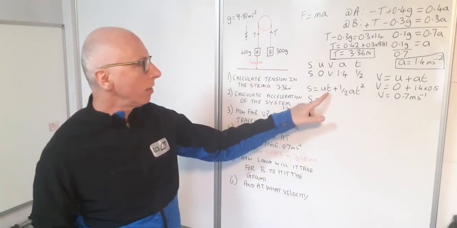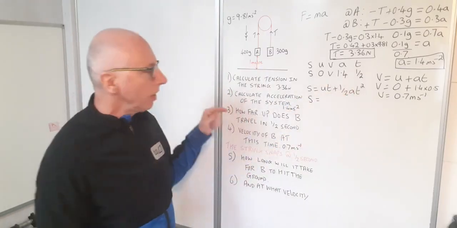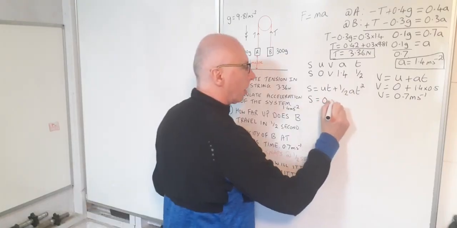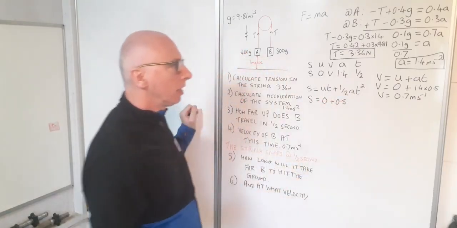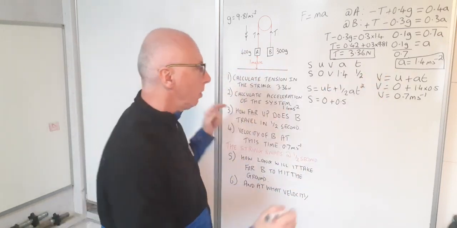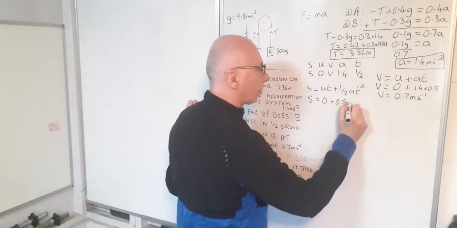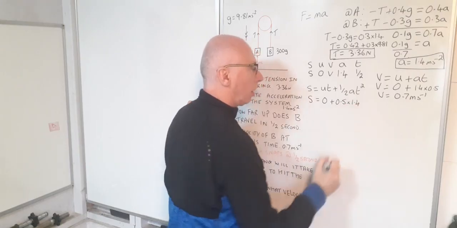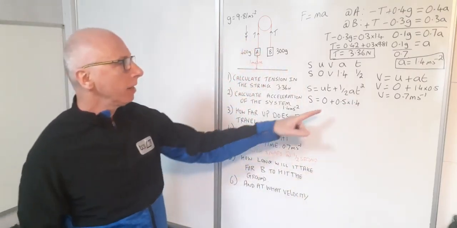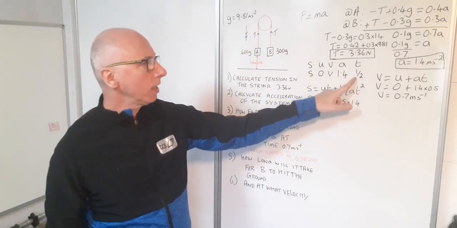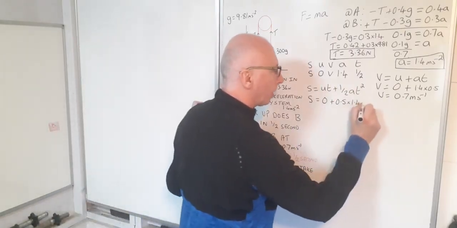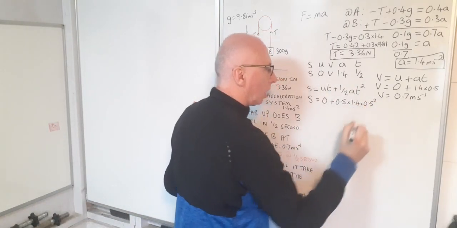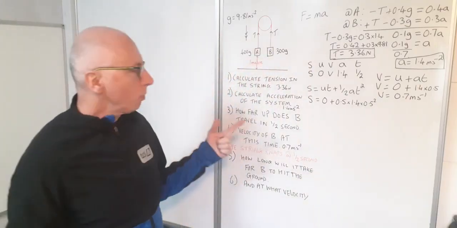U is 0. So I've got 0 times a half. That's just going to give me 0. And then I've got a half. So I'm going to put 0.5 again, because my acceleration is also a decimal, times 1.4. And then T squared. What is T? T's 0.5. So I'm going to put 0.5 squared. Okay, right, let's work out what that is.